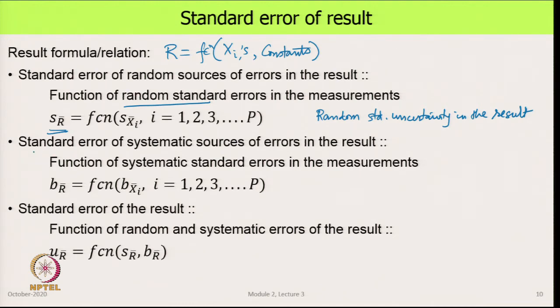Similarly, we get the systematic sources of error, and BR bar is like earlier, the systematic standard uncertainty, this time it is in the result.